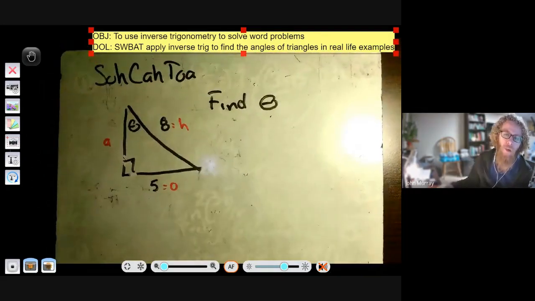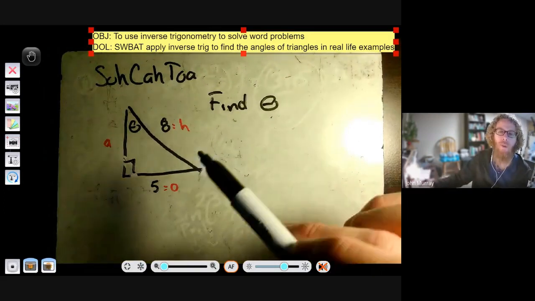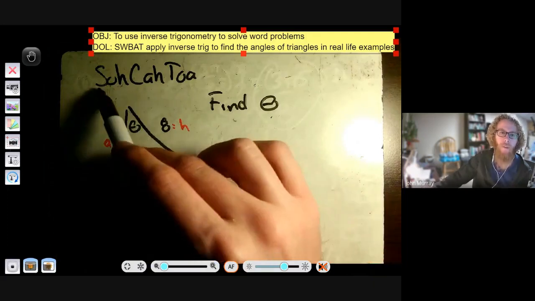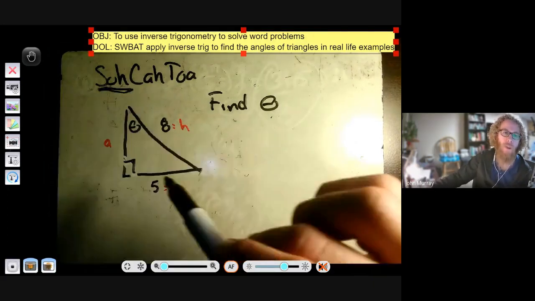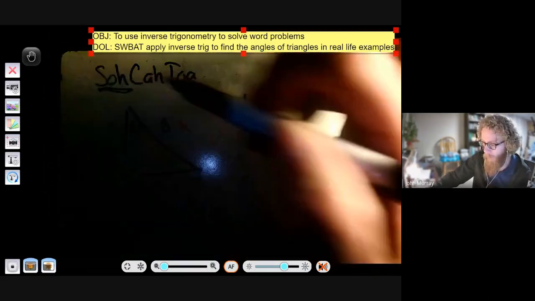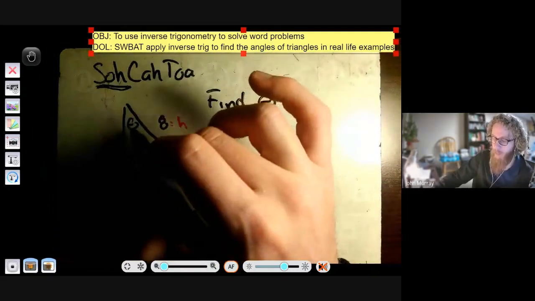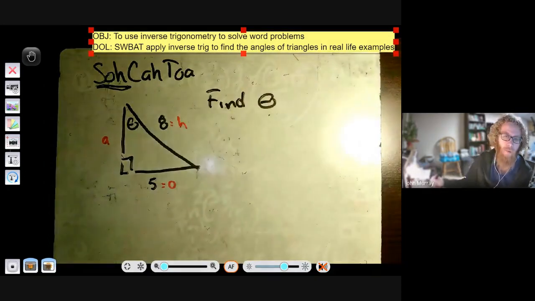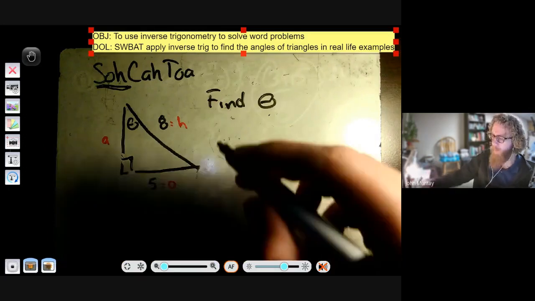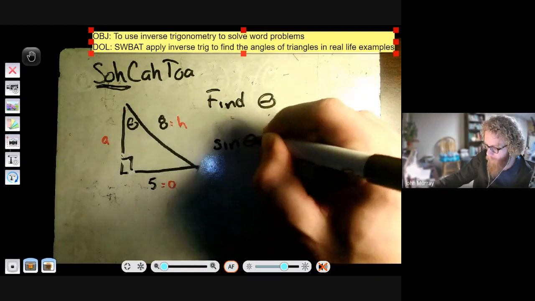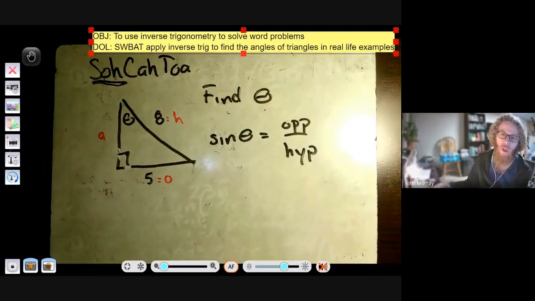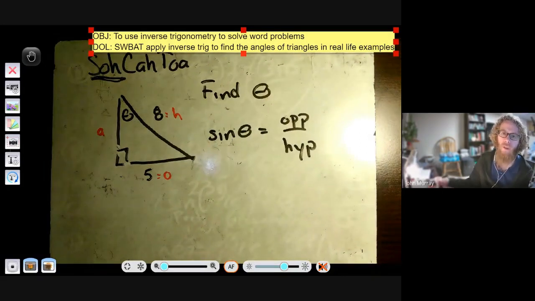So we're looking for what trig function gives us a relationship between the opposite, the O, and the hypotenuse, H. Well, in SOHCAHTOA, the O and the H is the first part, that's an S, so the sine of this angle gives me the proportion of the opposite over the hypotenuse. First, I'm just going to write the rule: sine is opposite over hypotenuse.